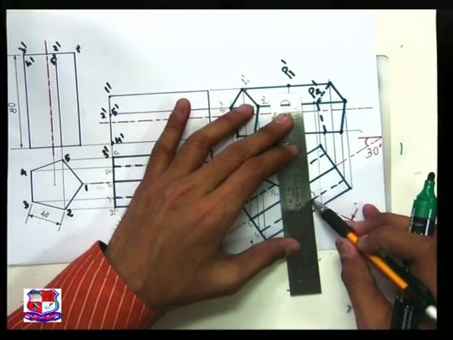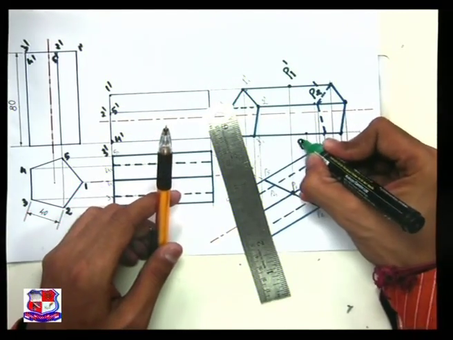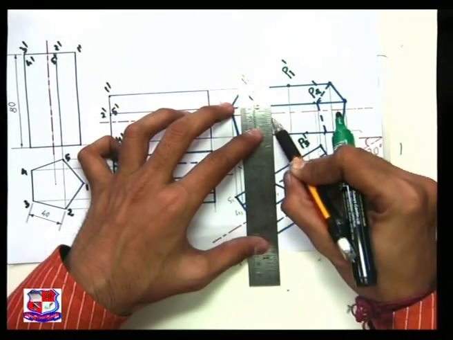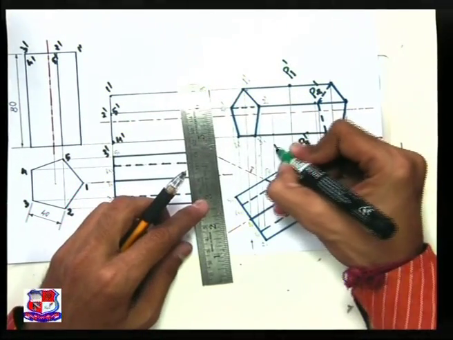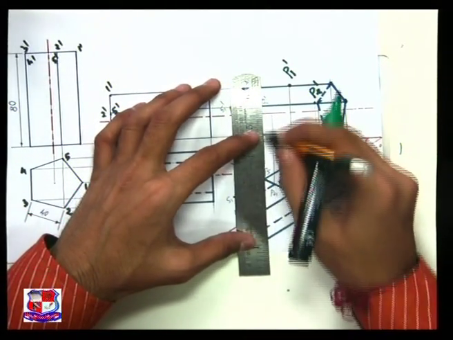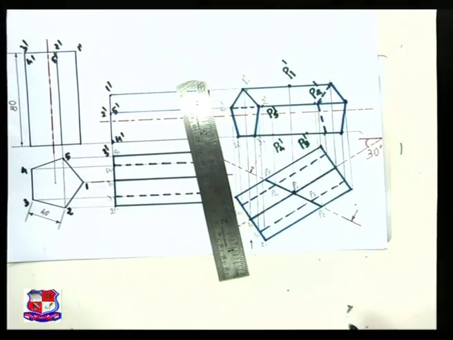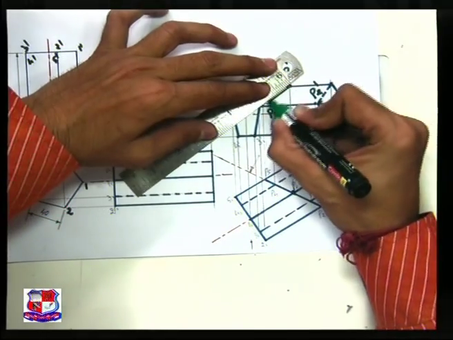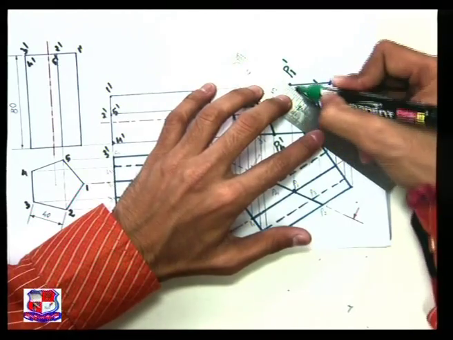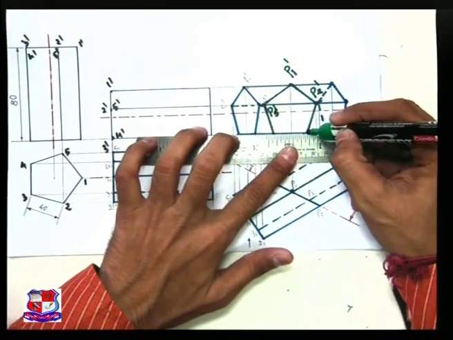Similarly for P3, from this point draw a straight vertical line, here would be point number P3 dash. Point number 4 is here, from that point draw a straight vertical line, so here is point number P4 dash. P5 is here, from that point draw a straight vertical line, so here would be point number P5 dash, and join 1 2 3 4 5 P1 P2 P3 P4 P5 with a straight line. That would be some irregular pentagonal shape, this one.